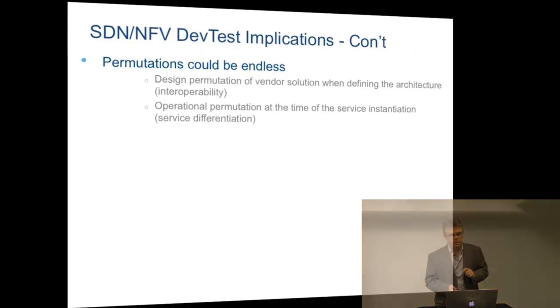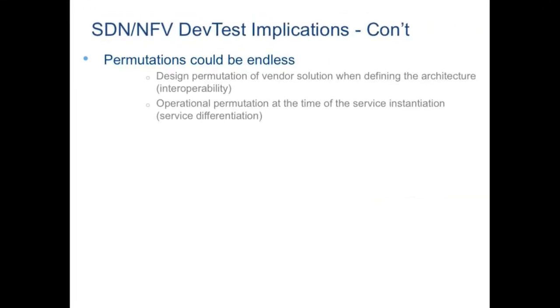So let's dig a little bit more into those challenges and be a bit more pragmatic and practical about them. So first and foremost, I think that we need to recognize that the permutation could be endless. Yes, for example, when you start designing your solution architecture, then you're basically facing a huge list of vendors, right?